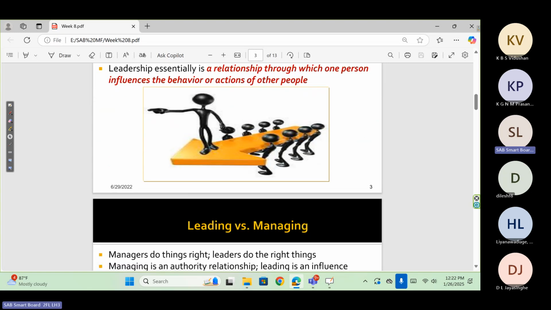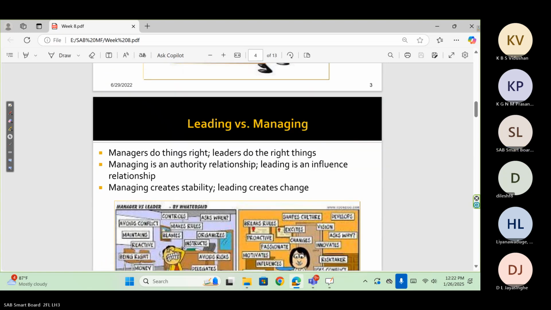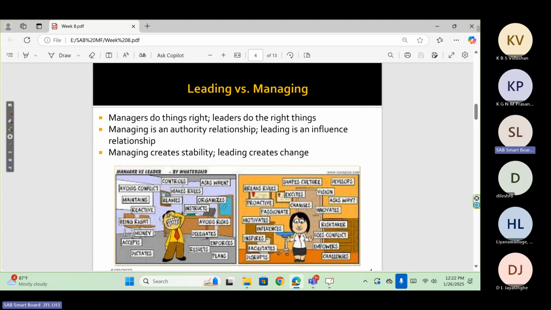Then we will compare leading and managing. I have included these 2 boxes and the keywords in each. You can identify which keywords in which box indicate leadership and managing. As mentioned here, if you look carefully, this box and its keywords indicate the leader behavior. This one is manager behavior, but leadership is a role.